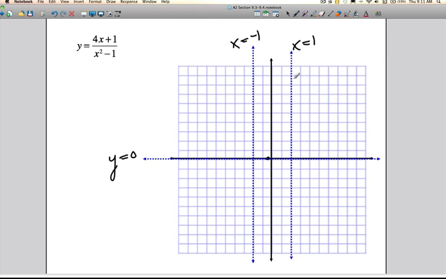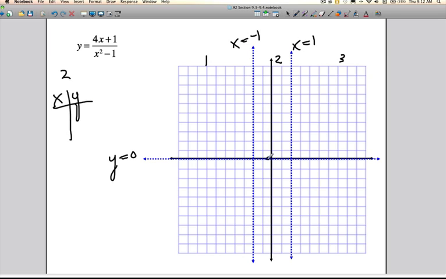Okay, so now the vertical asymptotes have divided the x-axis into three parts. There's a section there, a section there, and a section there. In order to graph this, I'm going to have to do an input-output table for each section. I'm going to start with section 2 in the middle.